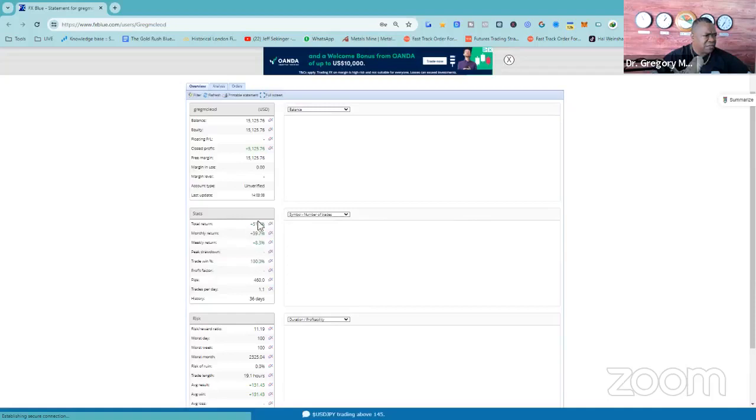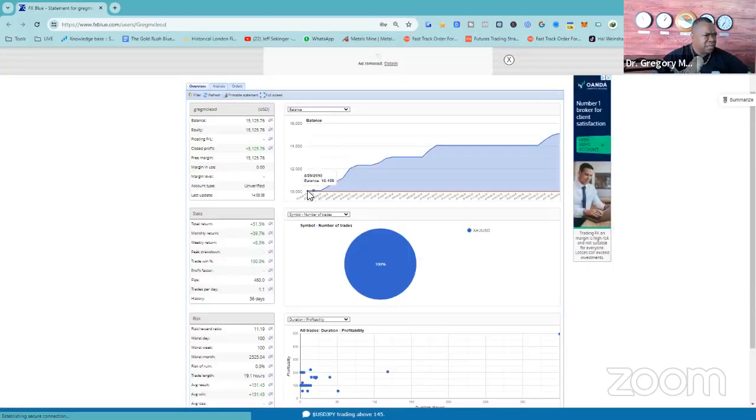We started with $10,000, and you can see the growth of the account, and that's what you want to do. You want to have a consistent, steady growth of your account with not a lot of drawdown. Okay, drawdown is when the price goes against you, and you can see that my drawdown was null. There's no drawdown. 100% trade wins.